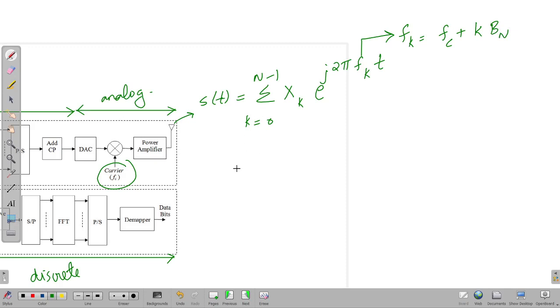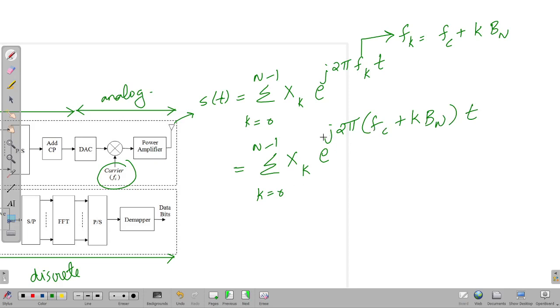So I can further expand this, and I can write it as summation k equal to 0 to n minus 1 xk into e raised to j 2 pi (fc plus k into bn) into t.